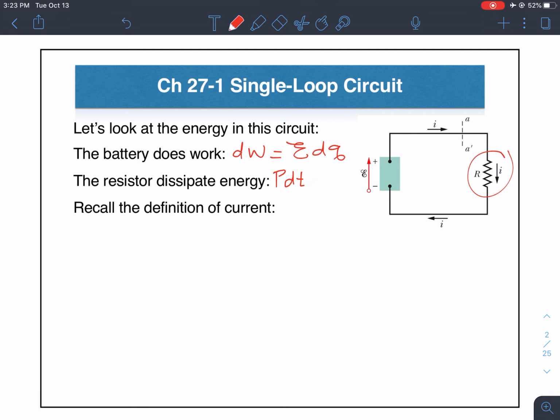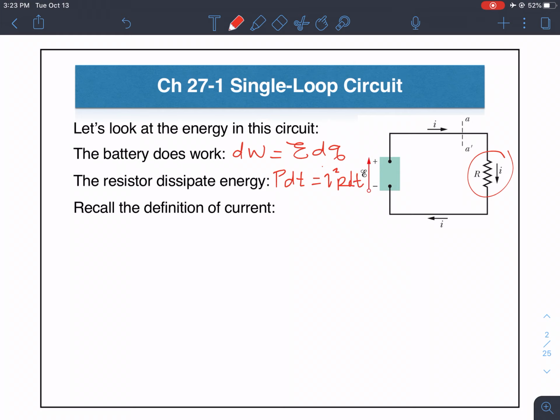Power times time is the energy, right? Since power was the rate of energy, if you want to write energy in terms of power, then you need to multiply by time. And remember, the power for a resistive device can be written as I square R. And we also have dt here. Try to put these together, I square R dt.